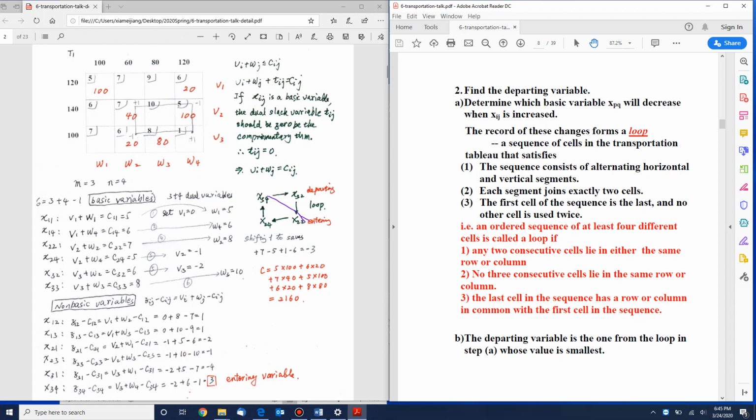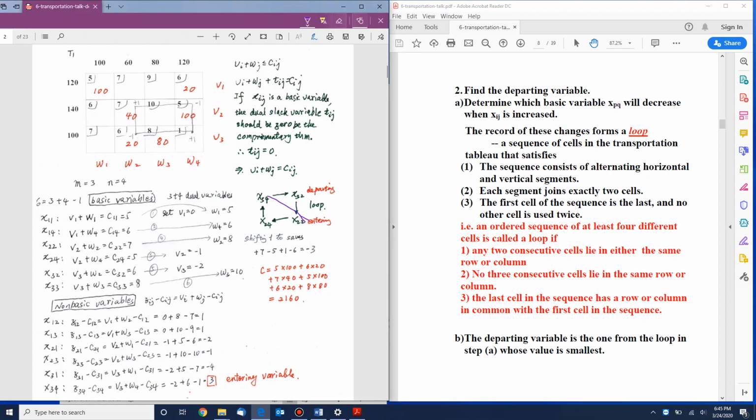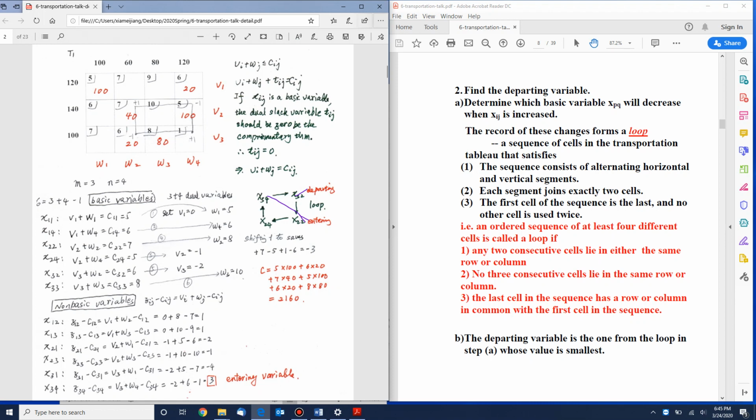And here we know x3 4 is the entering variable and x3 2 is the departing variable. How do we decide x3 2 to be the departing variable? Actually, according to what we wrote on the right side, if the entering variable increases, that one decreases, right?